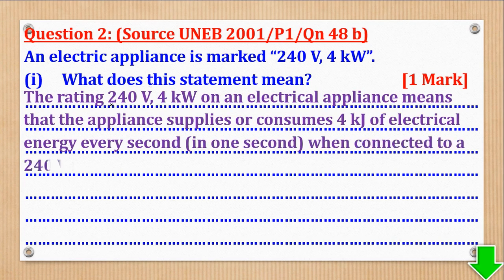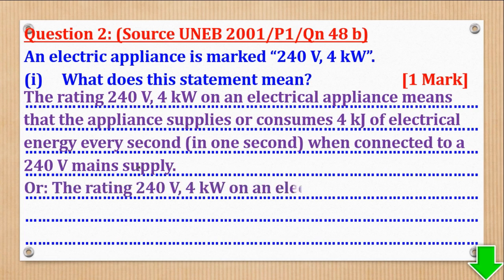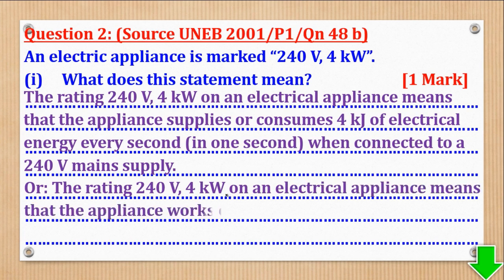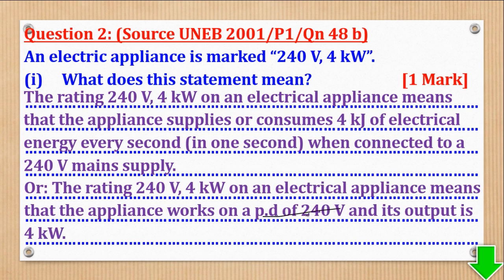The rating means that the appliance supplies or consumes 4 kilojoules of electrical energy every second when connected to a 240 volt mains supply. Alternatively, you can also say that the appliance works on a PD of this and its output is that. As simple as that. So any of the two is okay.